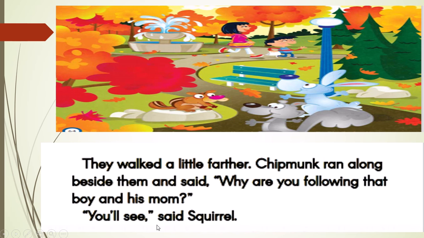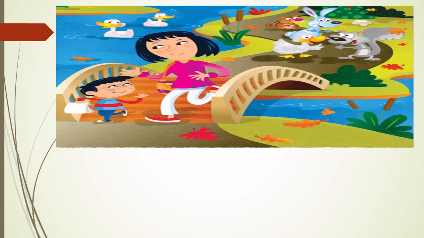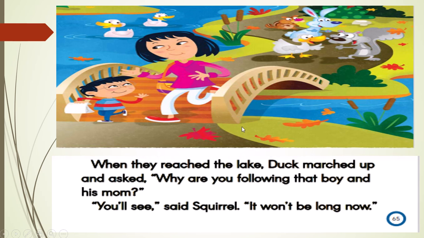You will see, said Squirrel. Then, when they reached the lake, Duck marched up and asked, why are you following that boy and his mom? You will see, said Squirrel. It won't be long now.